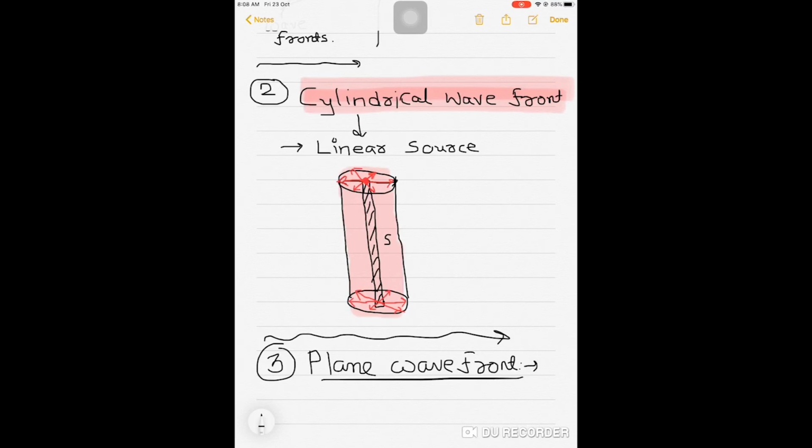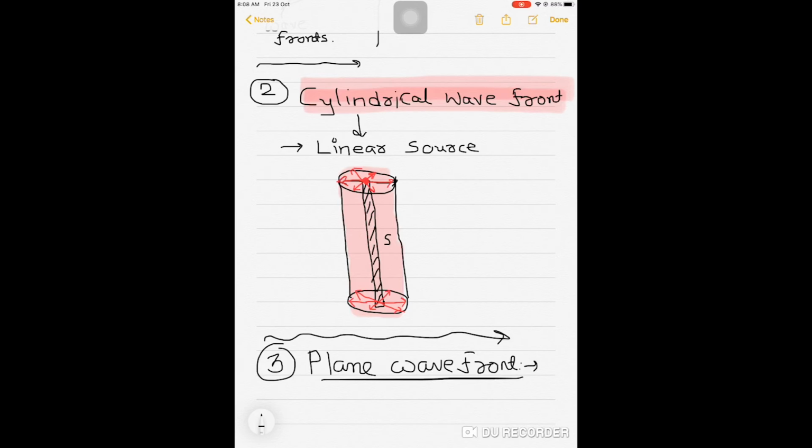It is interesting to know that as a spherical or cylindrical wavefront advances, its curvature decreases progressively, so a small portion of such a wavefront at a large distance from the source will be a plane wavefront.